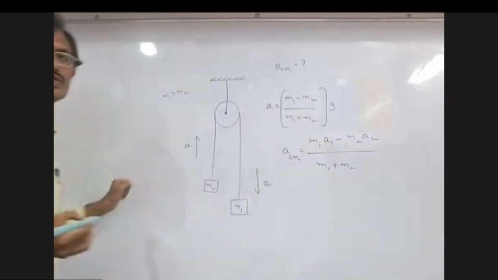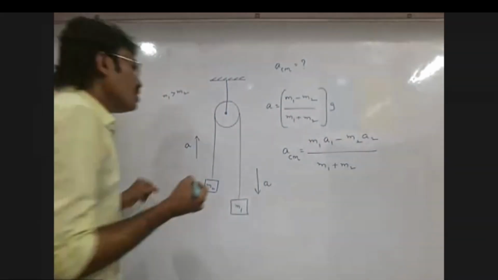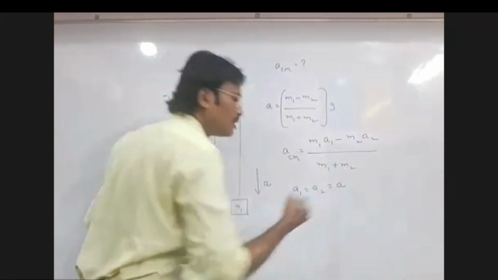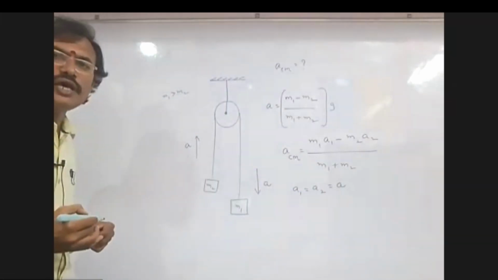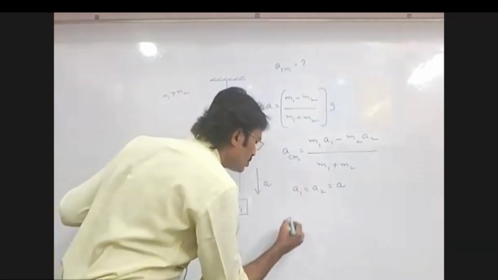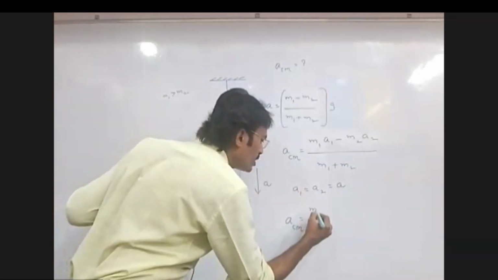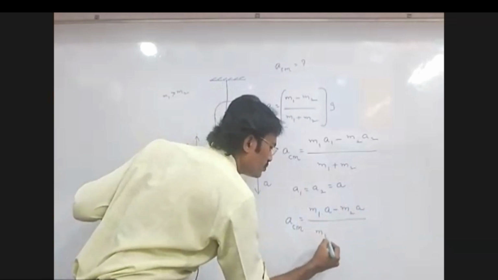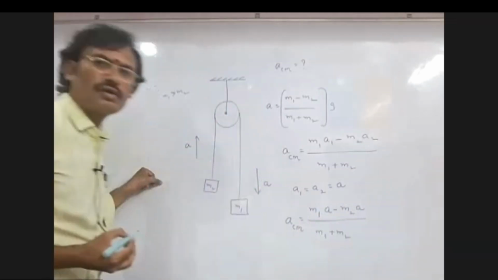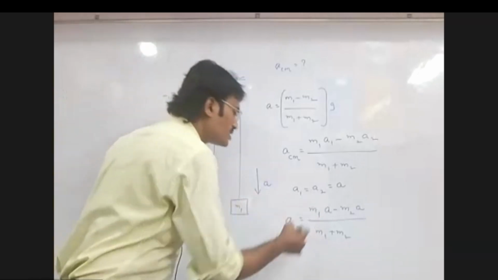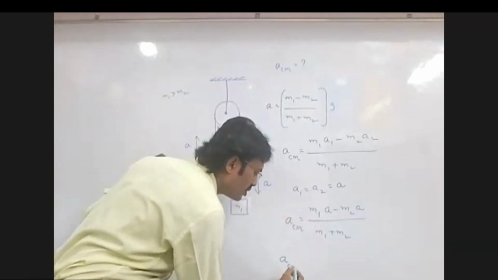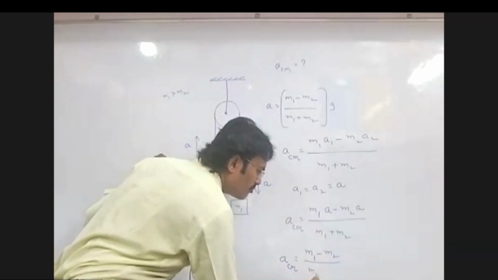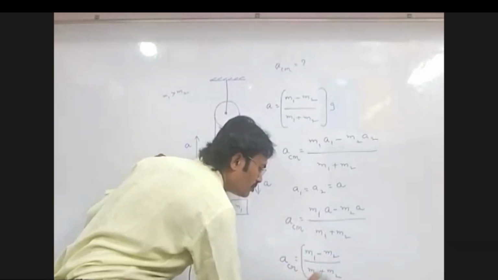Both are moving in opposite direction, so A1 is equal to A2 is equal to A. Then ACM is equal to (m1 A minus m2 A) by (m1 plus m2). Now take A as common. ACM is equal to (m1 minus m2) by (m1 plus m2) into A.